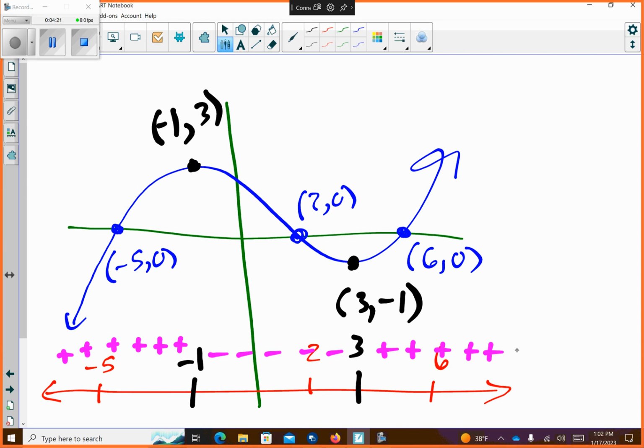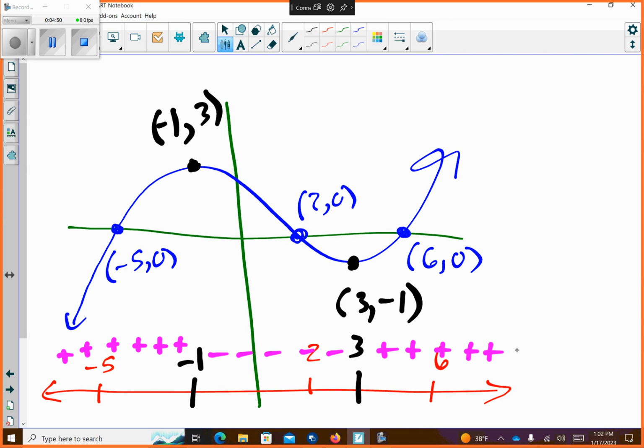What does it mean? Those are positive values versus negative values and positive values. So what do you think? Where is this positive coming from? Where does this negative come from? Where does this positive come from? Any ideas? If the graph's going up, it's positive. If the graph's going down, it's negative. I like it. If the graph is going up, it's positive; if the graph is going down, it's negative.